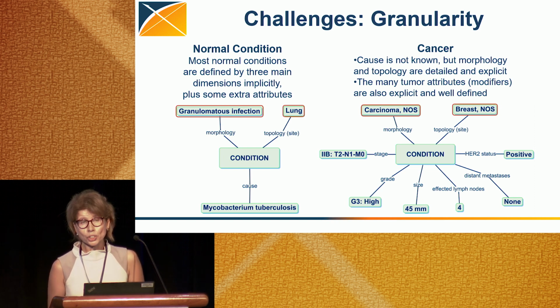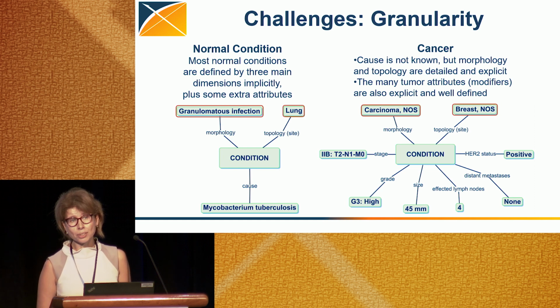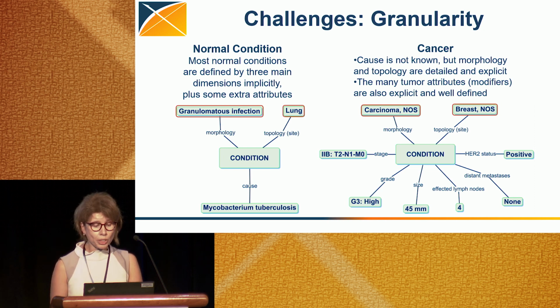In the normal condition, diagnosis is implicitly described by morphology, topology or anatomic site, and sometimes the cause of the disease. In cancer, cause is most of the time not known, but morphology and topology are very detailed and explicit.